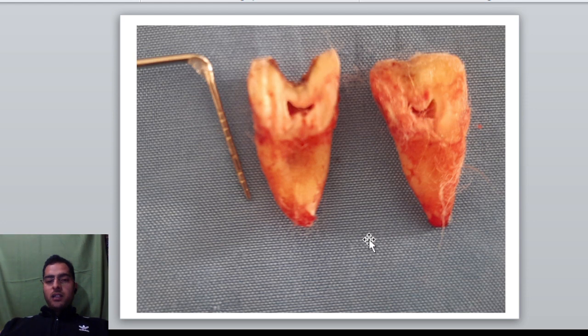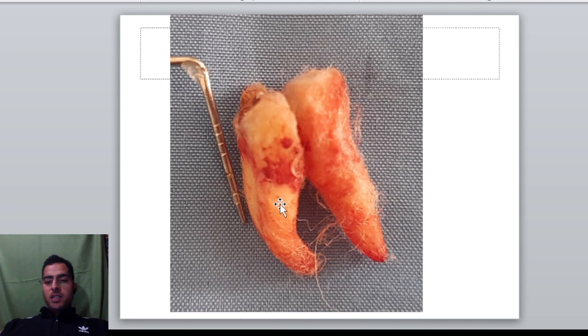I sectioned it into two halves so that you can appreciate this pulp chamber here. This is also pulp chamber. This is the mesial root and this is the distal root. You can see here in the mesial root there is a curvature. But the distal root is more or less straight.